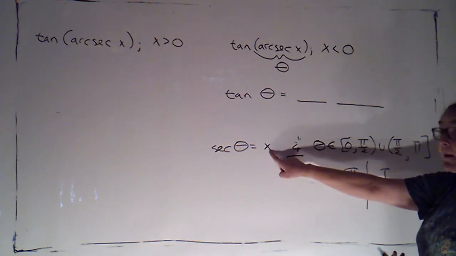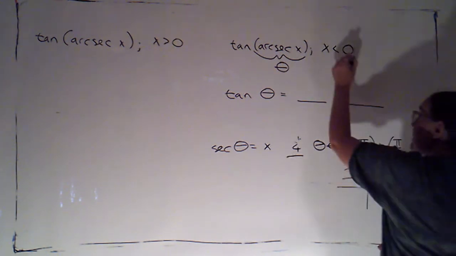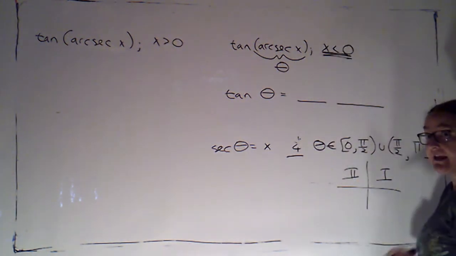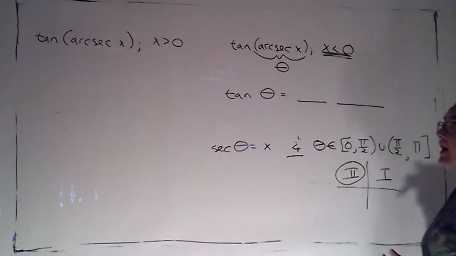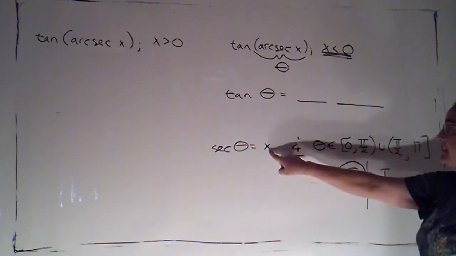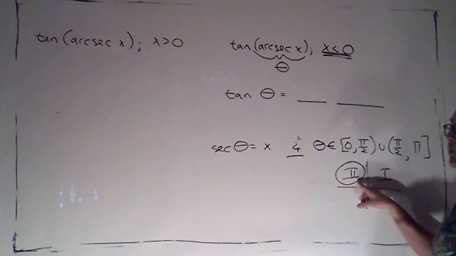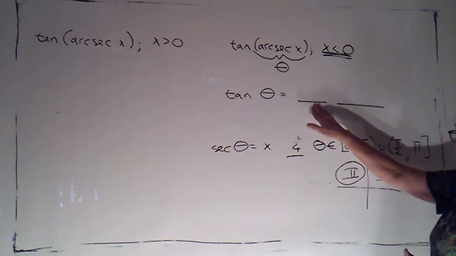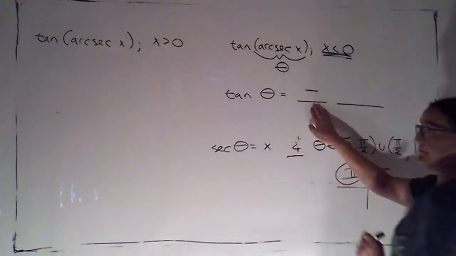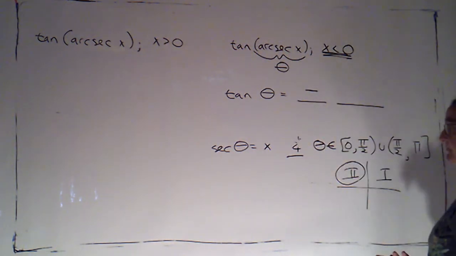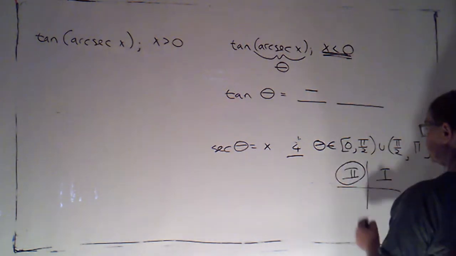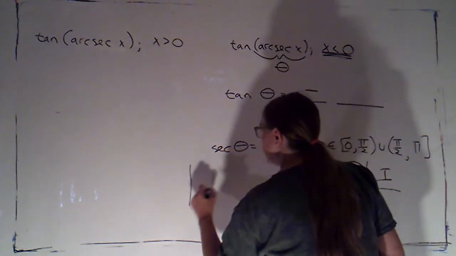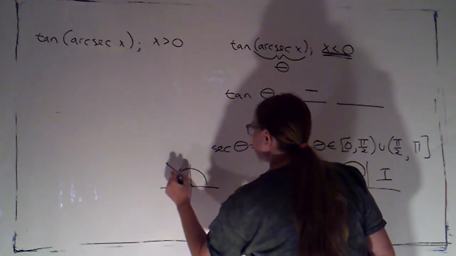Now, if x is representing a negative number, which I know because I was told, that's going to put me in quadrant 2. So since that's negative, we're in quadrant 2. In quadrant 2, tangent will be negative. Then if I'm in quadrant 2, we've got something like so.